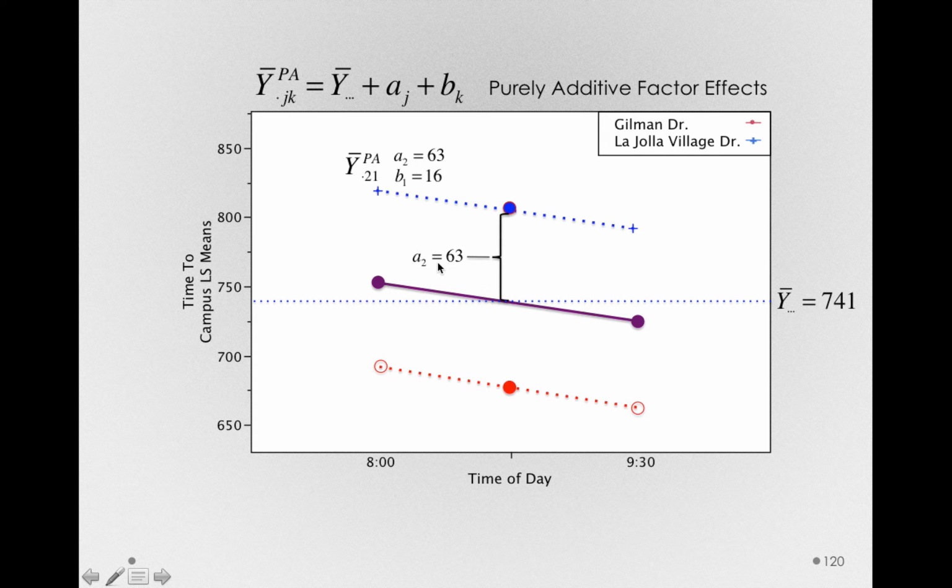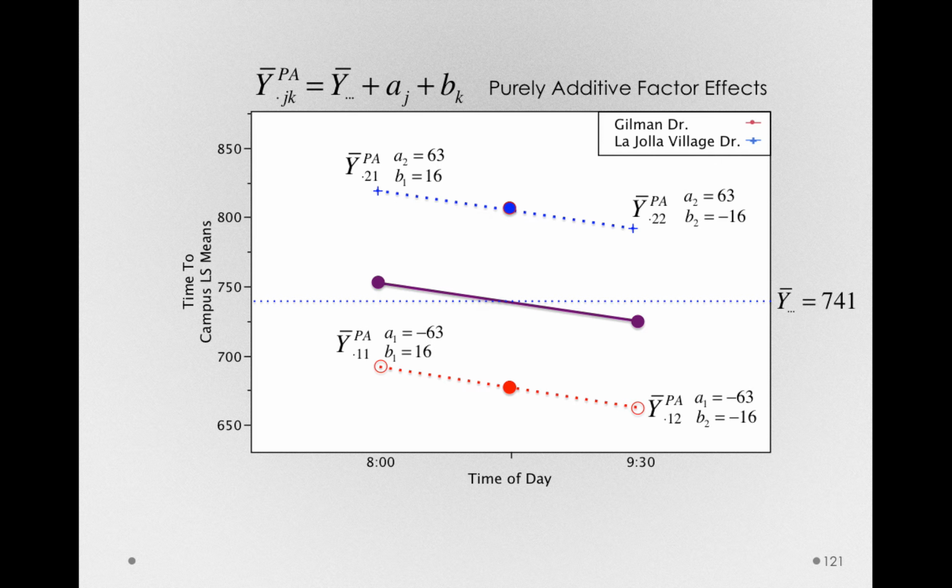So let's start with the A term. A2 is equal to 63. So that brings us from the grand mean up to the overall average for La Jolla Village Drive. Then we have the beta term, or the B term, that we're estimating with our sample. So B1 is equal to 16. So we'll add 16 to this value, and that gets us to the purely additive mean, the mean that would occur if there really were no interaction.